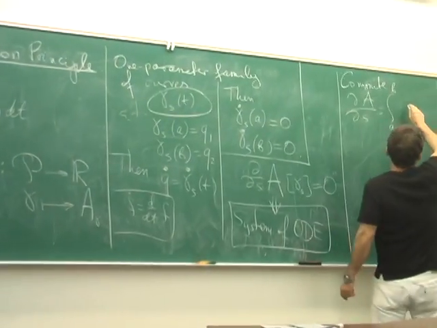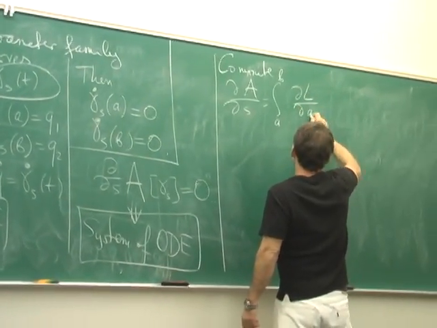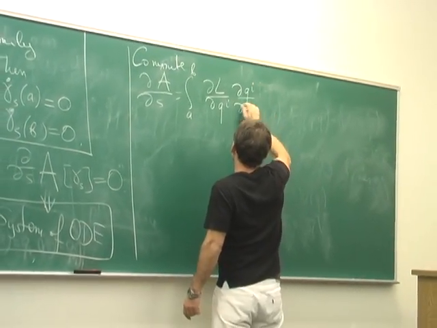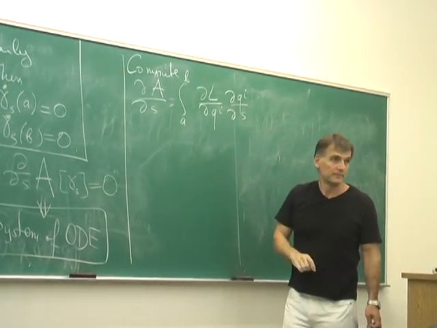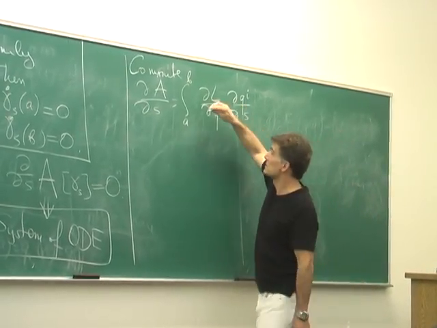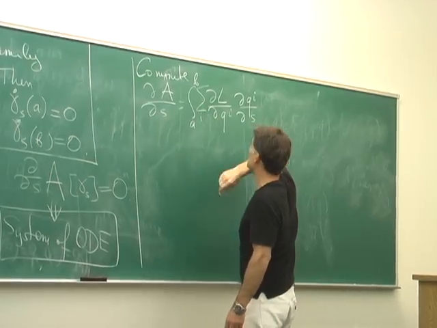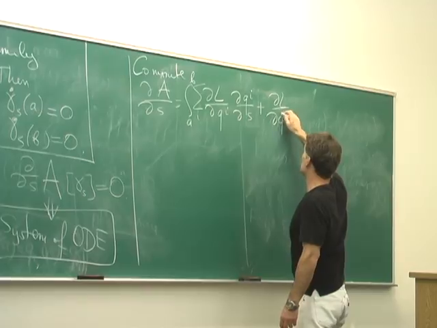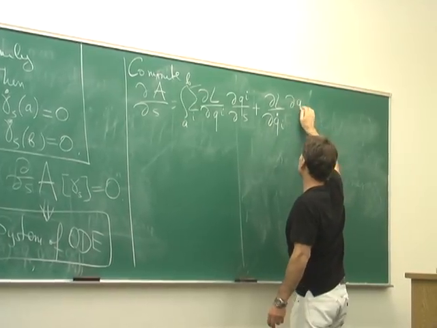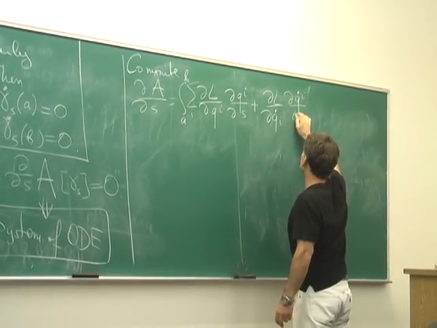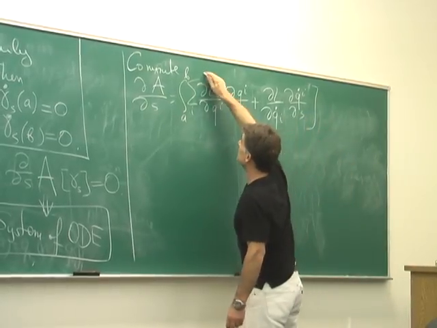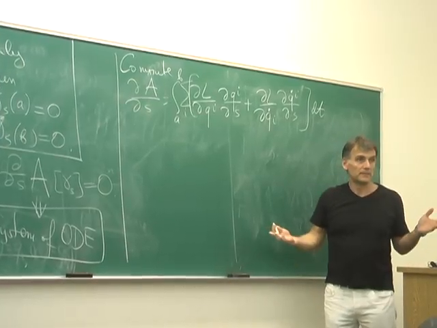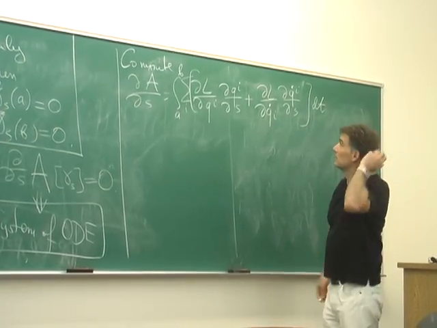So you'll get dL by dq_i times dq_i by ds, and there is a sum over i, plus dL by dq dot i times d q dot i by ds.